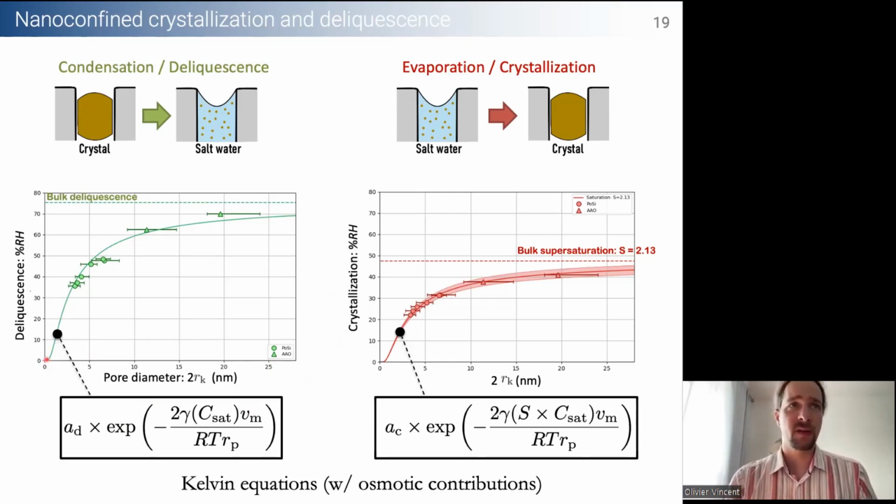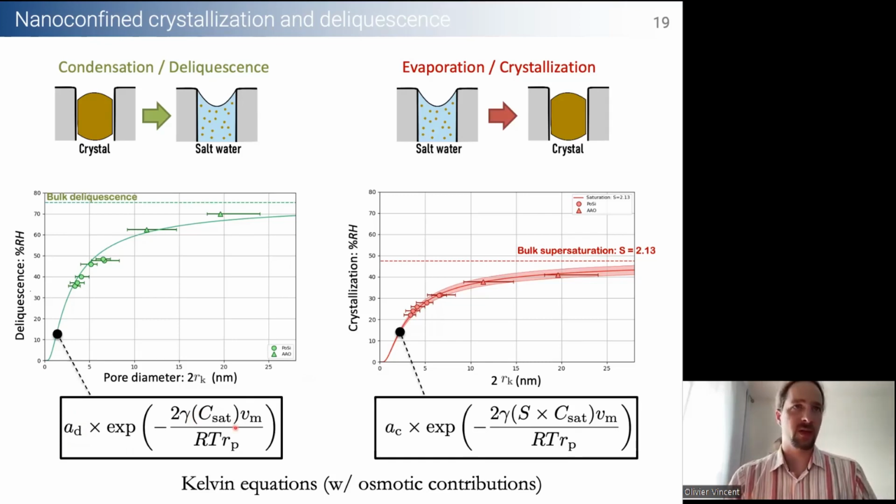And we could fit this curve here to the data points with a modified version of the Kelvin equation, but without any adjustable parameter. The only modifications we have to put in the Kelvin equation are an activity term that takes into account the osmotic effect of the solute, or the colligative chemical potential effect that the solute has on the liquid, and also the fact that the surface tension of the liquid changes because of the solute.